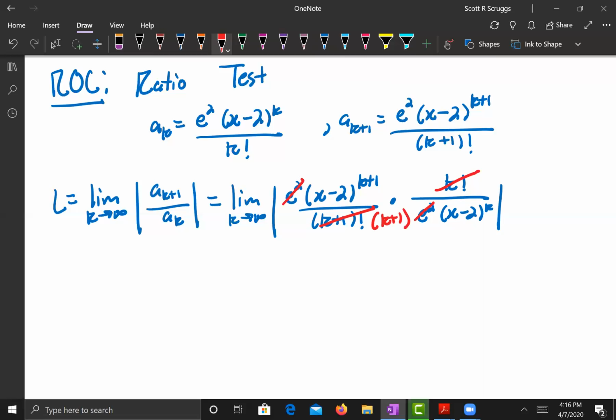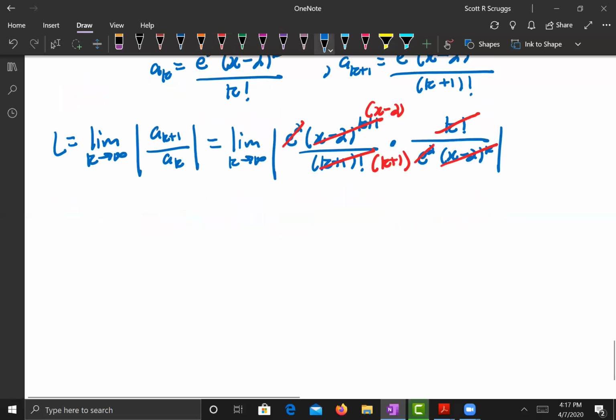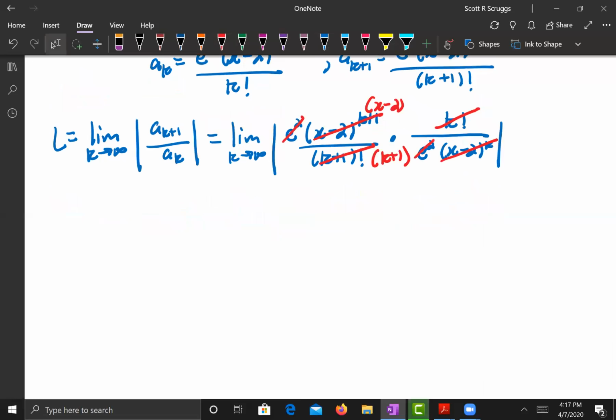The x minus 2 raised to the k plus 1 over x minus 2 to the k simplifies down to just x minus 2. And then after cleaning up, we have the limit as k goes to infinity of x minus 2 times 1 over k plus 1.